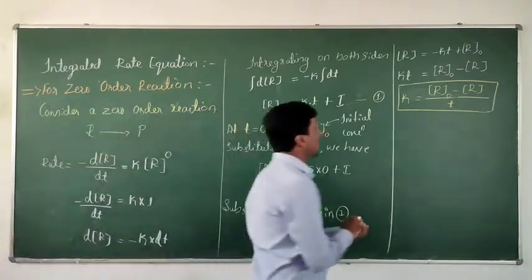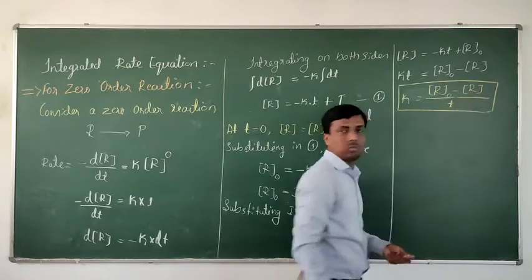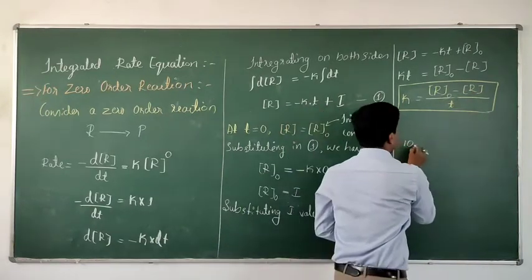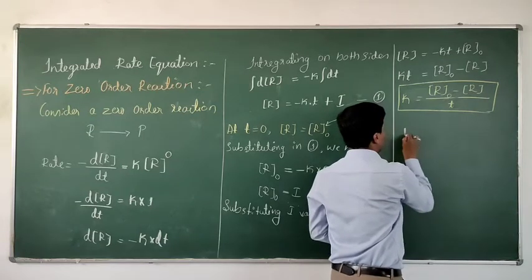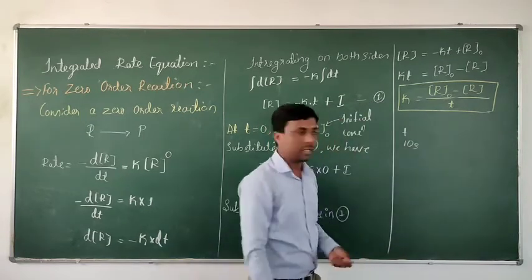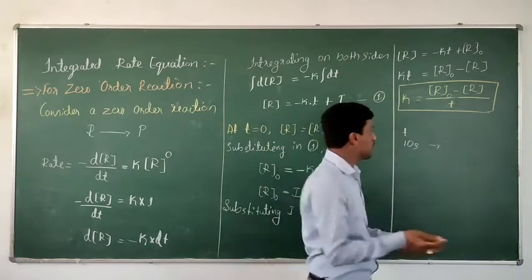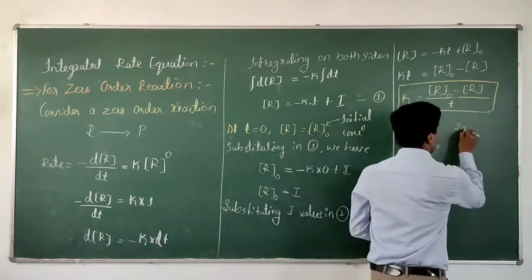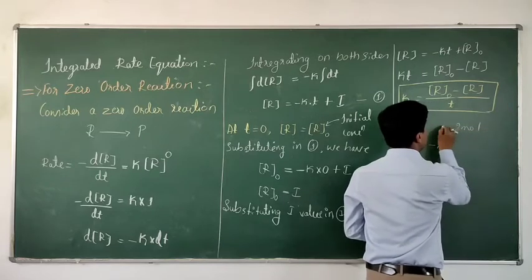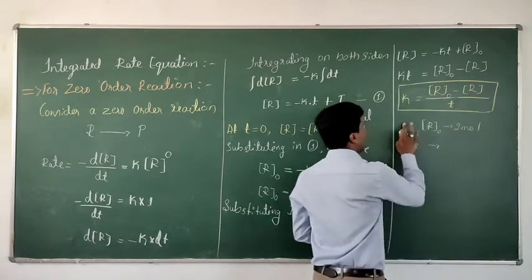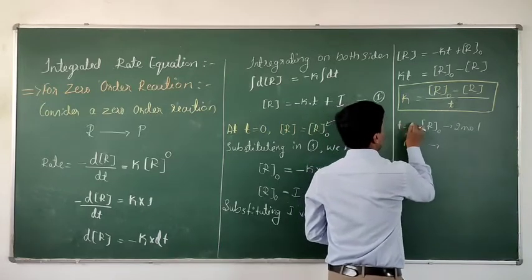Time t, for example 10 seconds has passed now. Earlier you took 2 moles. This 2 mole is r0. Hence t is equal to 0.